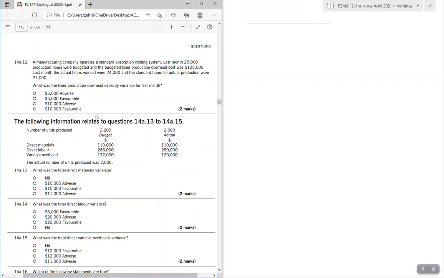Standard hours for actual production means the time we should have taken for the units that we have produced. This should have taken 27,000, but we took 24,000. So we took less time. In terms of efficiency, it is favorable. But in terms of capacity, it is adverse, because fewer hours means less work. So it should be adverse.